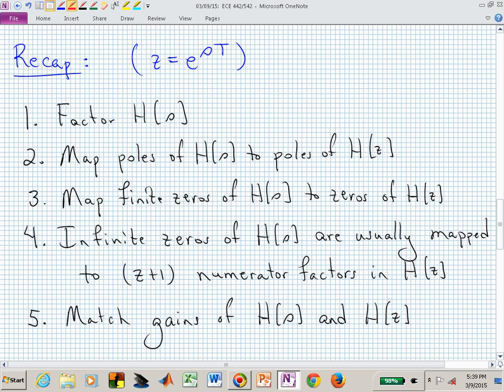And if it's something else, if you don't know whether it's low pass or high pass, if it's band reject or band pass, you could match whatever frequency you want, and you could just use that relationship z equals e to the sT to make that matching of gains.